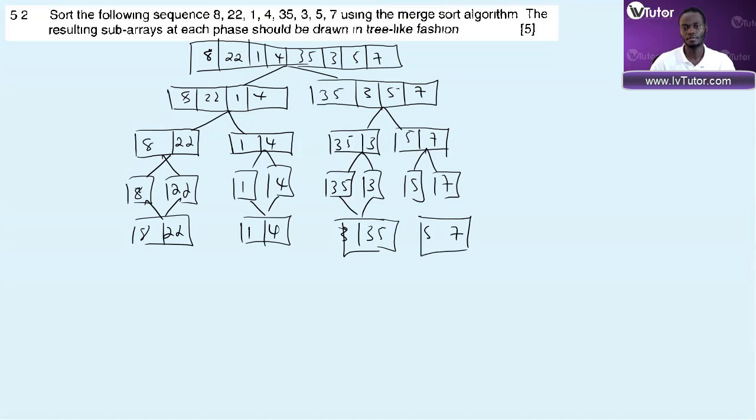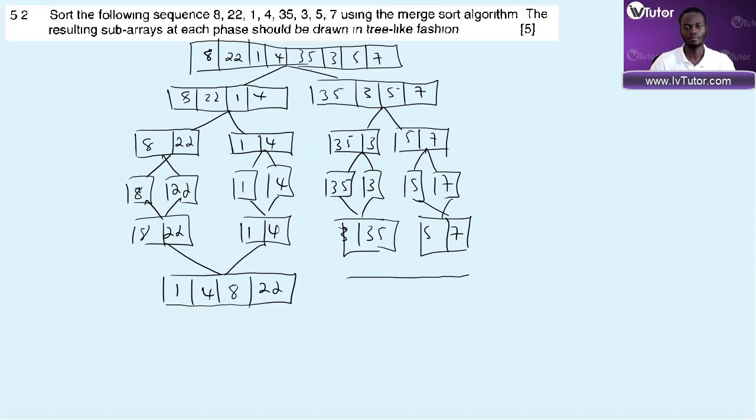Here, I'm merging these two. Then I merge these, I'm going to have 1, 4, 8, and 22. So as you merge, you sort. And then you merge these two here, and I'm going to have 3, 5, 7, and 35.